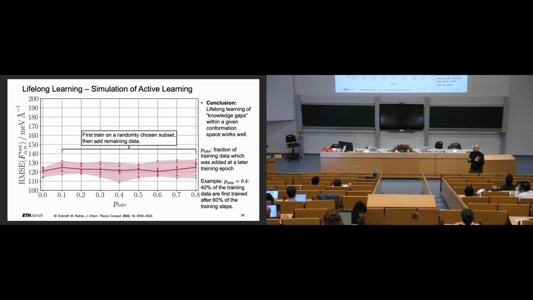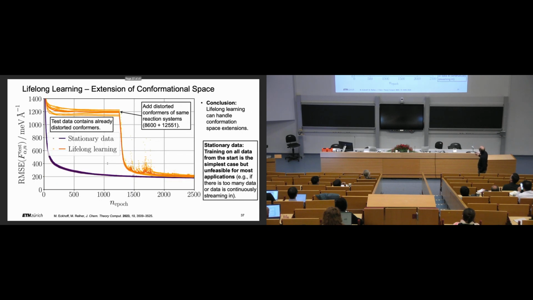Now we play around with the data that we have to figure out how the lifelong learning actually works. So we had different fractions of data that were included into the first training, and then later we added the remaining data. And basically what this figure should show you is that the error obtained is pretty low, and the lifelong learning works very well actually.